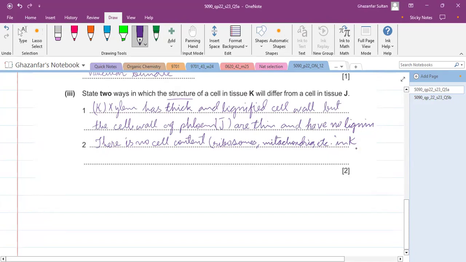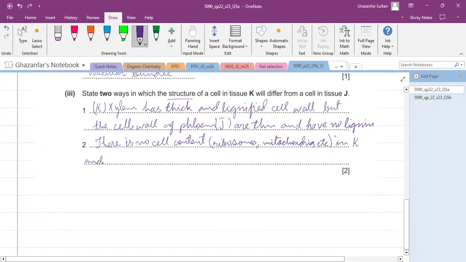So there is no cell content, for example mitochondria, ribosomes, etc., in K.